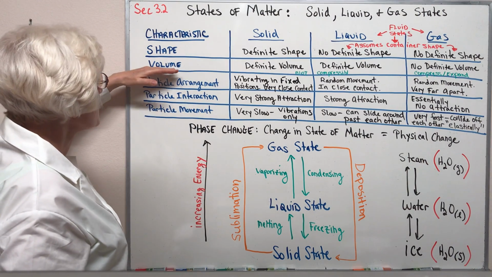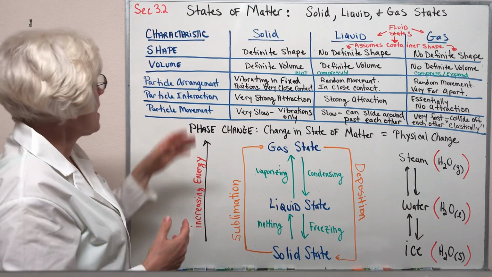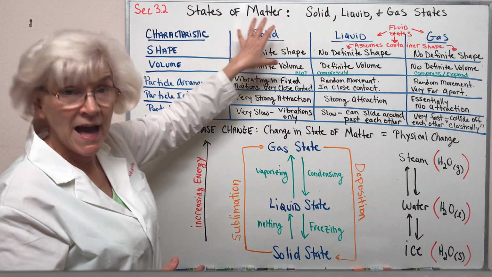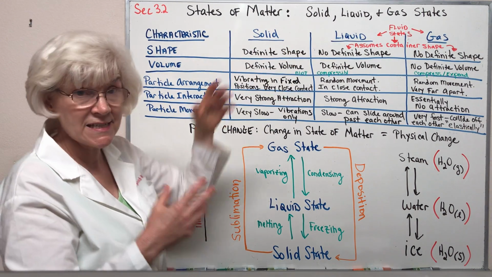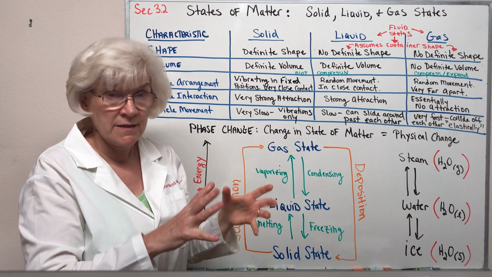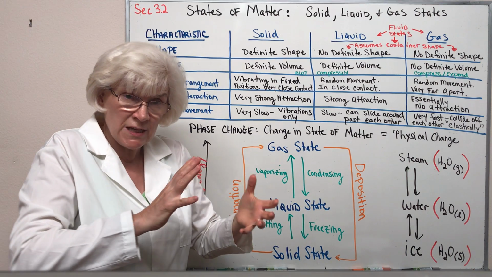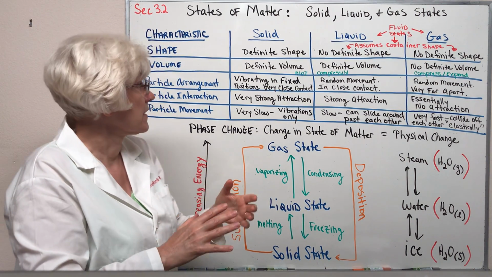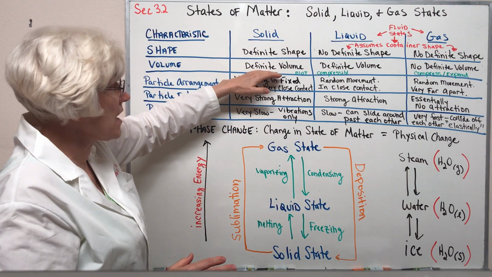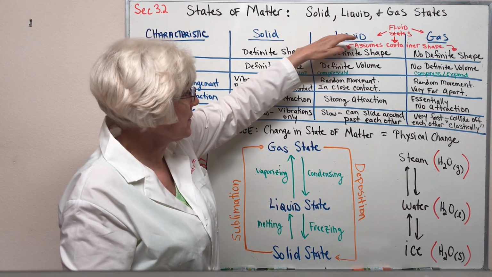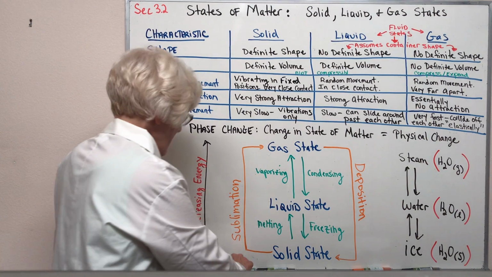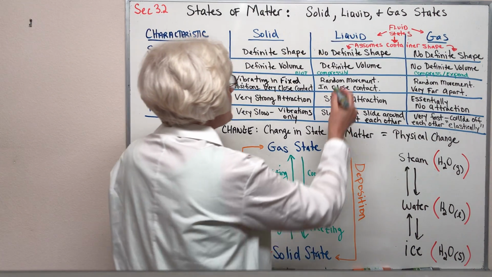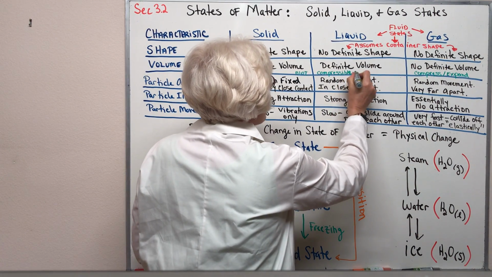Let's take a look at the next characteristic, volume. Matter in the solid state has definite volume. That means you can't compress it or squeeze it into a smaller volume. So solids have definite volume, liquids have definite volume, and I think I didn't finish this spelling here.